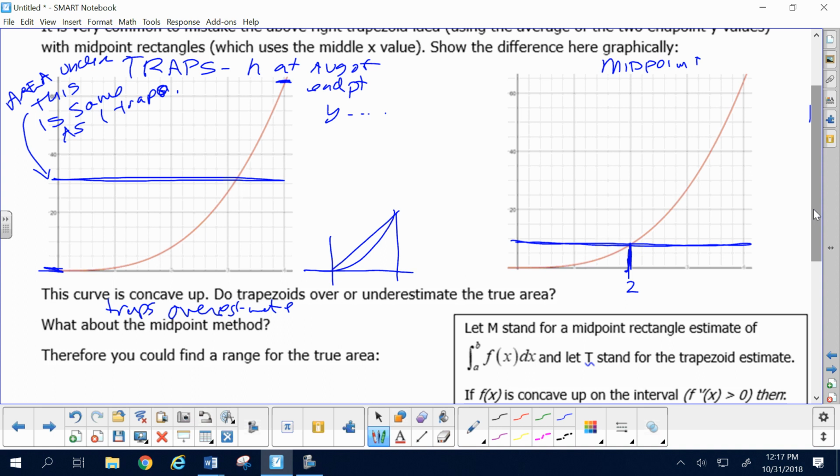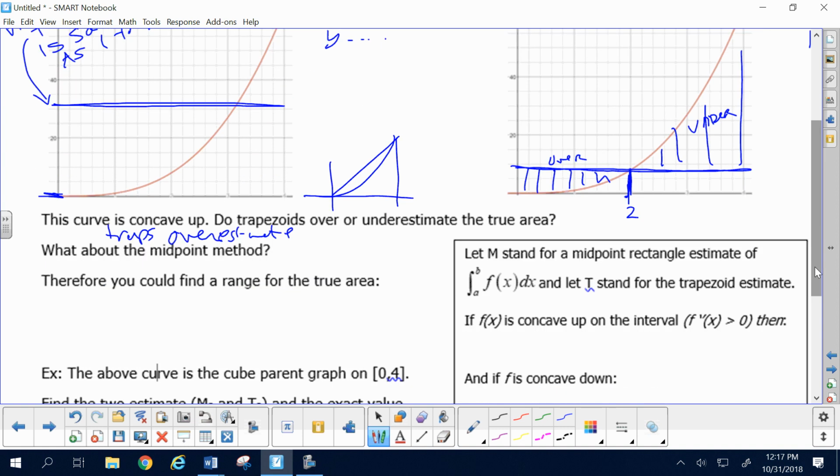It'll be under, okay? Definitely this region where it's overestimating is far less than this region where it's underestimating. And so midpoints are definitely going to underestimate in this concavity case. You with me? Okay, under.